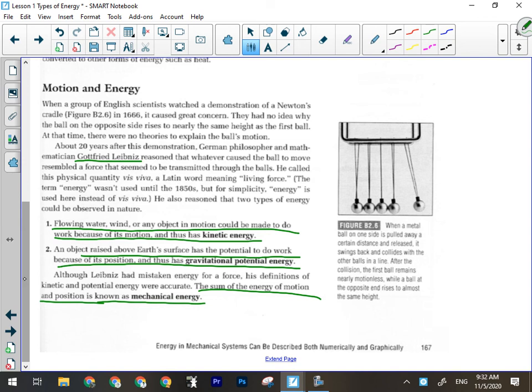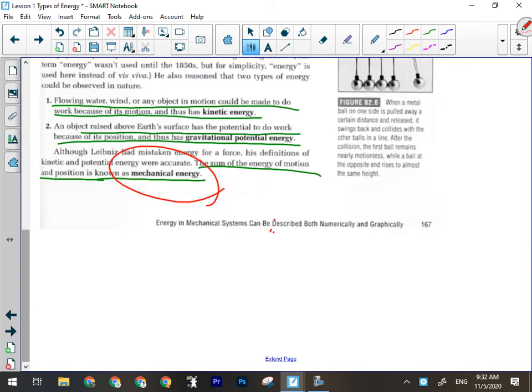All right, so this idea of these two things, kinetic and potential energy, okay, combines to this. Okay? The sum of the energy of motion and position, so that is the sum of kinetic and potential energy, is mechanical energy. So you might want to add this somewhere. Okay? That mechanical energy equals the kinetic energy plus the potential energy.